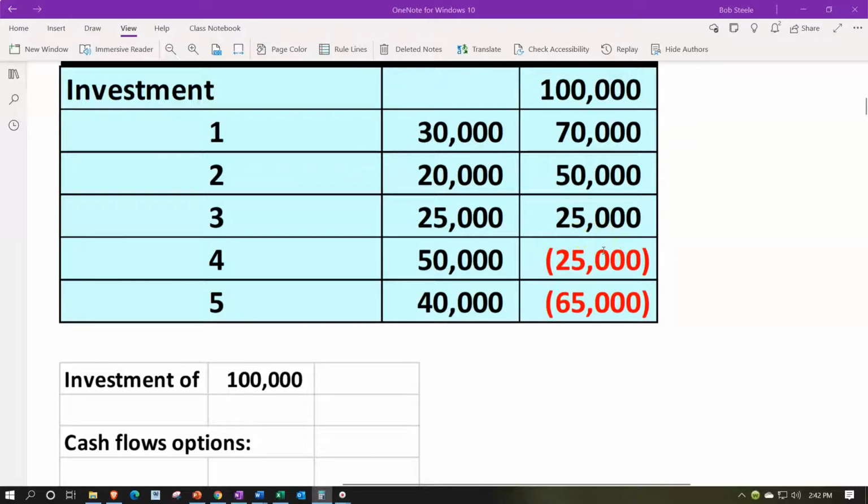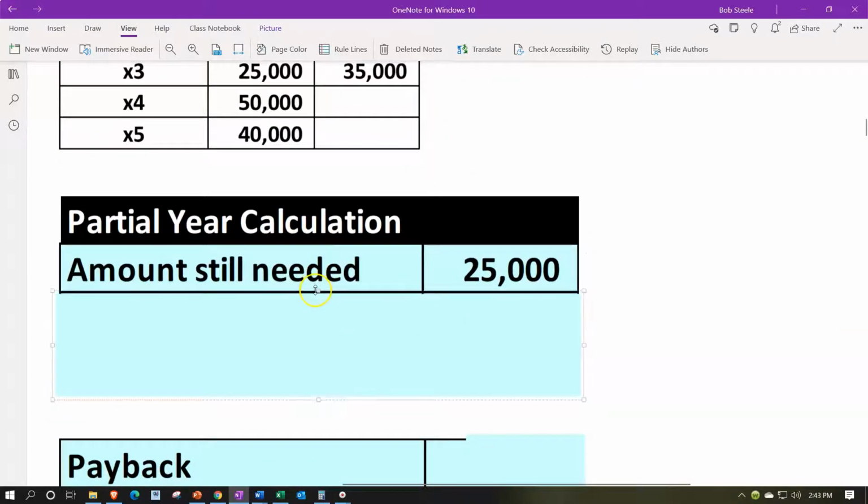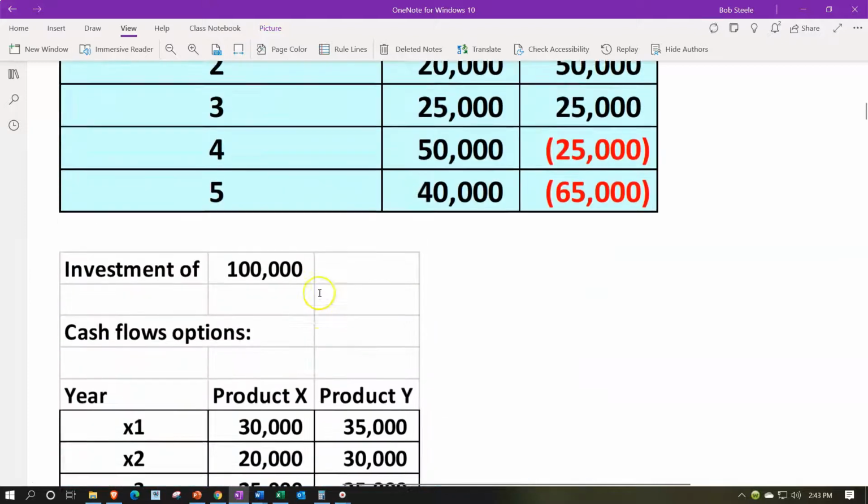Now we want to see when we're going to get our money back somewhere between year 3 and year 4. So 3 point something, or 3 years and so many days, or 3 years and a fraction of so many months, right? So to do that, we'll do our fraction of a year calculation, which will look like this: the amount still needed at this point in time.